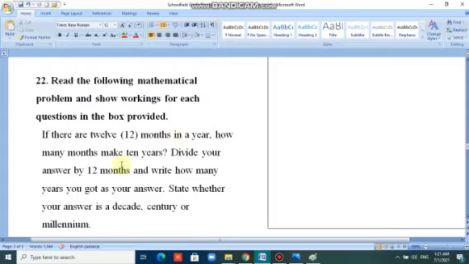So, if there are 12 months in a year, how many months make 10 years? What operation of maths will we use here? We will use what? We will use multiplication. So we have to multiply 12 by what? 12 by 10.